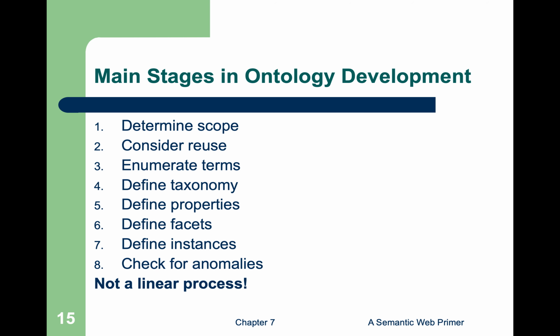We need to define instances of these concepts, and check for any anomalies in our ontology. Then we need to revise it further if we find any anomalies in the system.